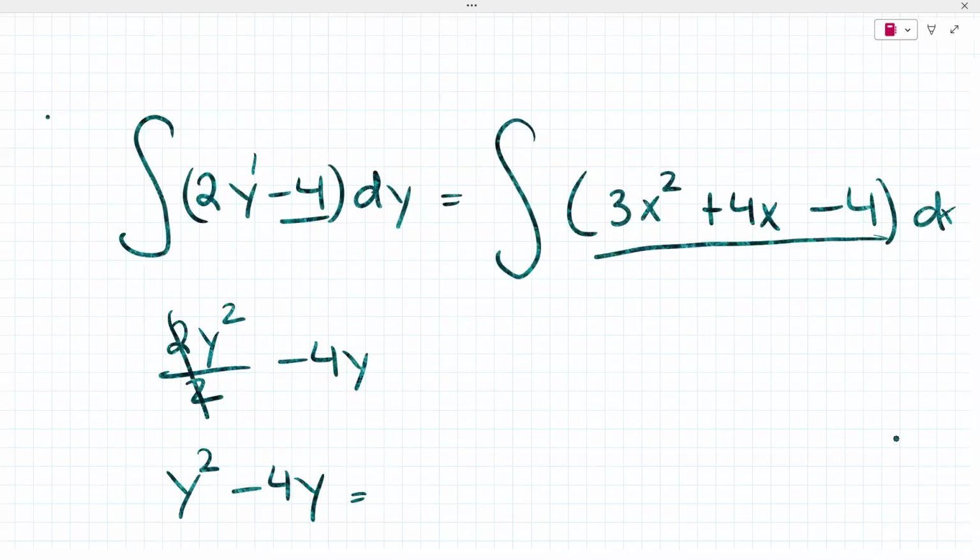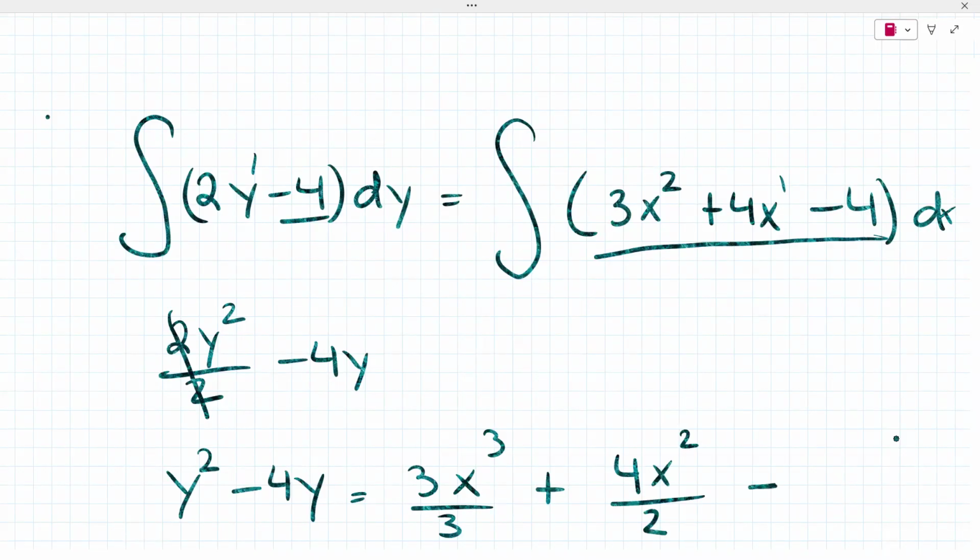It's just the power rule, right? The integration of 3x squared is 3x cubed, 2 plus 1 is 3, over 3, plus the integration of 4x is 4x squared, 1 plus 1 is 2, over 2, minus 4x. And then I guess you could put the plus c on the right.